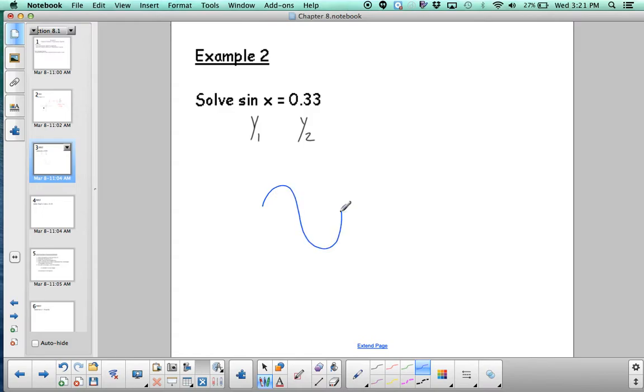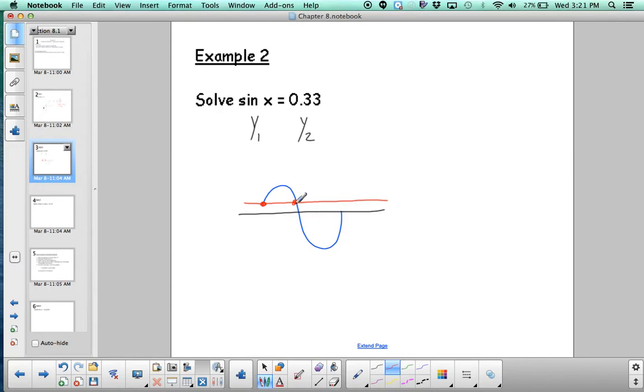So here's your sine function, and you have your x-axis here, and so 0.33 is going to be somewhere up here, and we're looking for the intersection of those two, where y1 and y2 intersect. And so you can see that we would be expecting two solutions here.